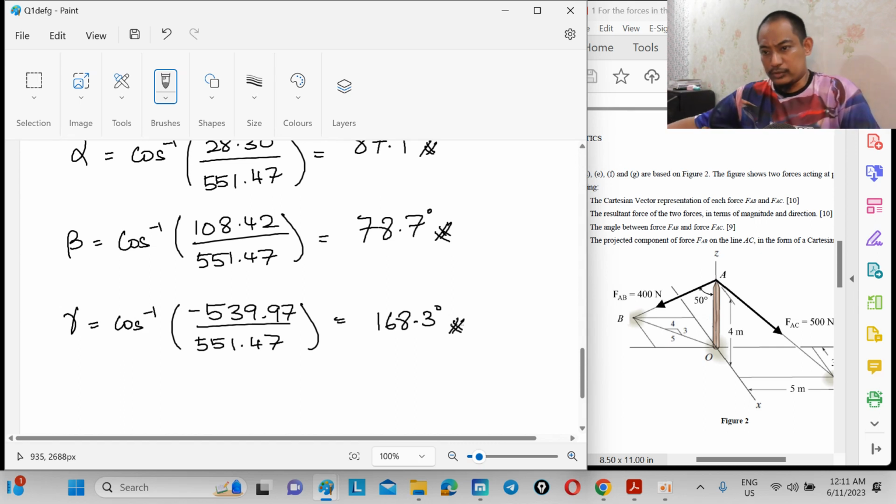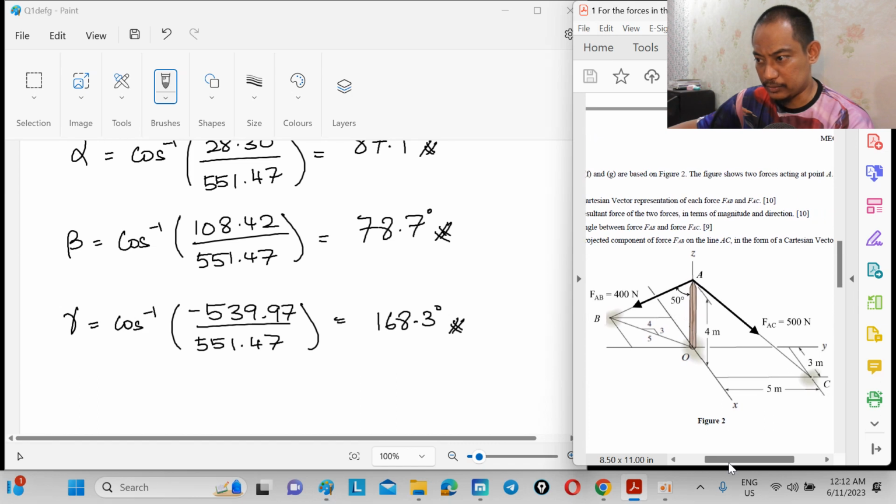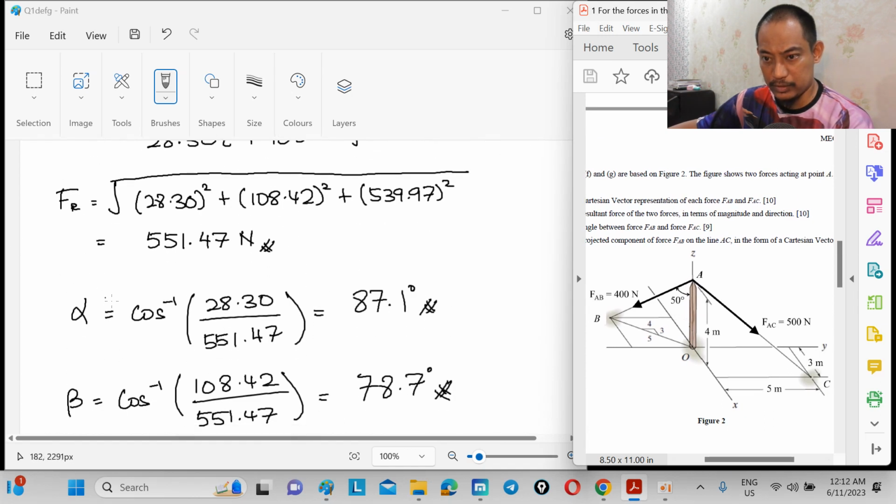So that's part E, the resultant in terms of magnitude and direction. So we have magnitude and direction.